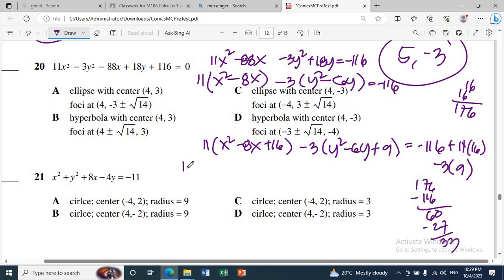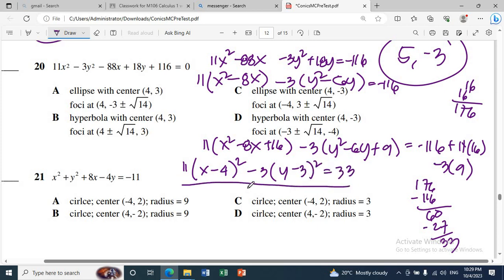So meaning this is 11 times (x minus 4) squared minus 3 times (y minus 3) squared is equal to 33.